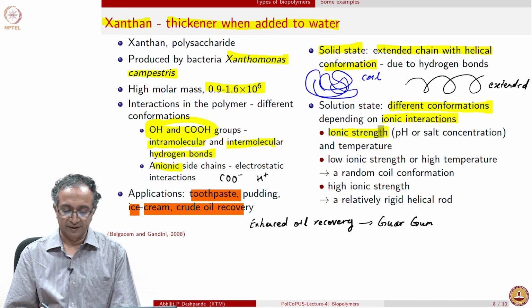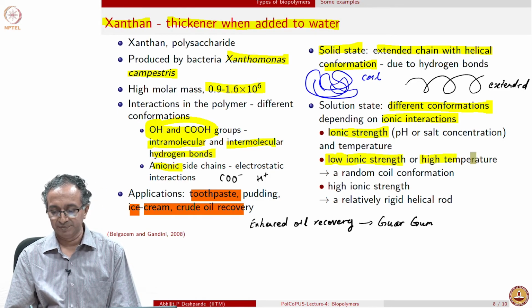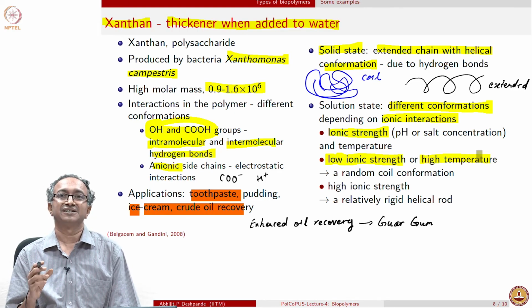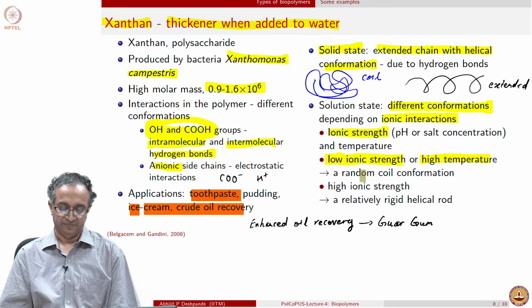So, in case of low ionic strength or high temperature, you can see it's the ratio, right. So, whenever high temperature is there, the ratio is less. Let us say ionic interaction is in the numerator, thermal energy is in the denominator. So, you can see how both of these mean the same thing.